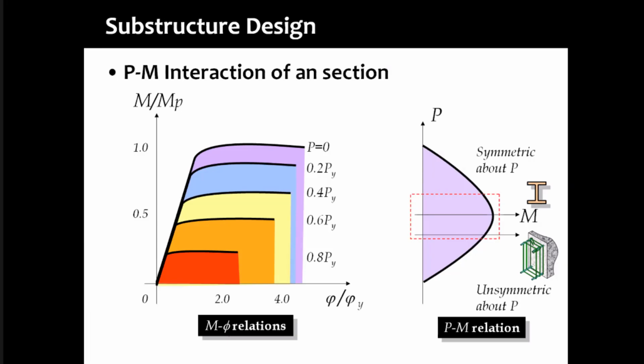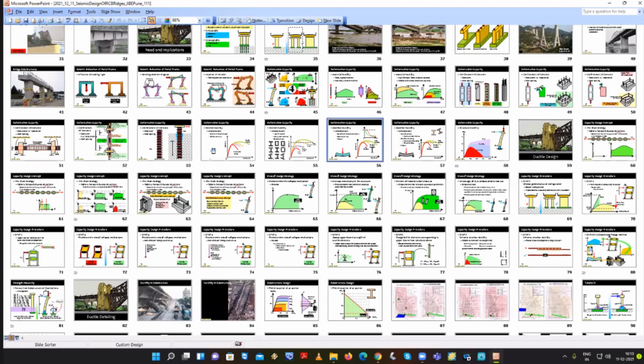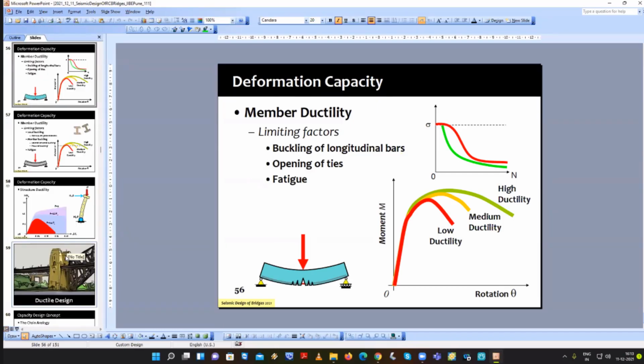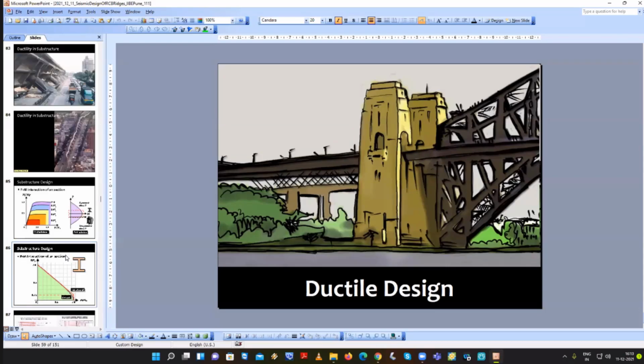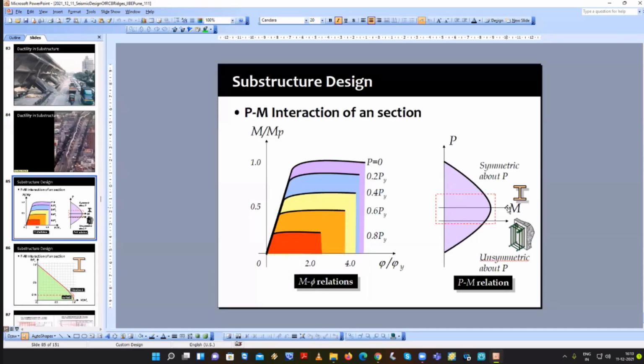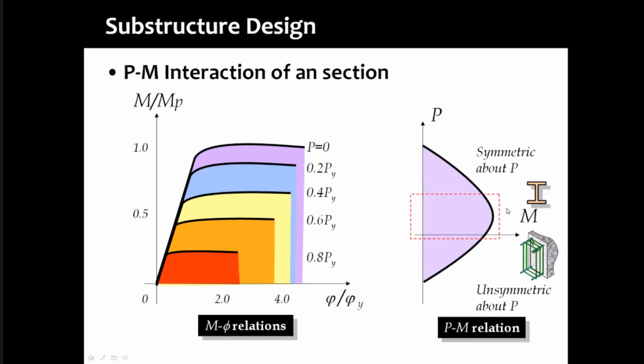First of all, you're looking at a PM interaction diagram, and you are looking at two cases. In the case of concrete structures, we have an unsymmetric PM interaction diagram, which says that when you apply a little axial load in compression, you will increase the moment capacity and then it will drop.